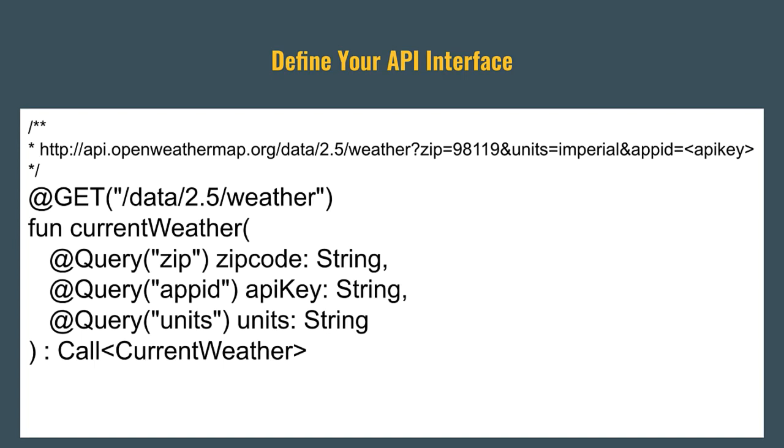So ultimately, we want to hit the API that is at http api.openweathermap.org/data/2.5/weather. So all of that is essentially the OpenWeatherMap's weather endpoint. Everything after that are the query parameters that we're going to specify. So in this case, I have specified a query parameter for 98119 zip code. I want imperial units, and then we have to pass an API key to differentiate our app from someone else's.